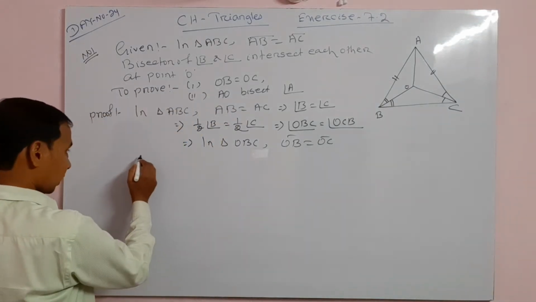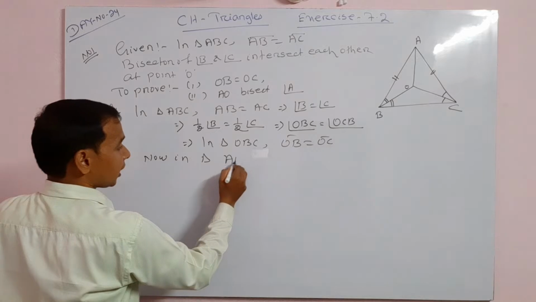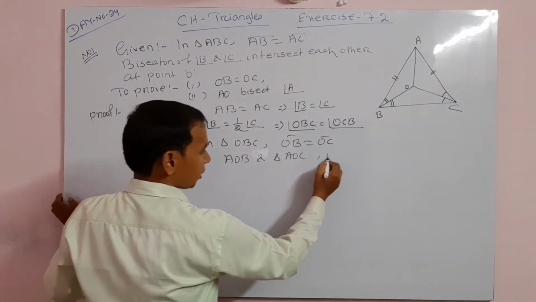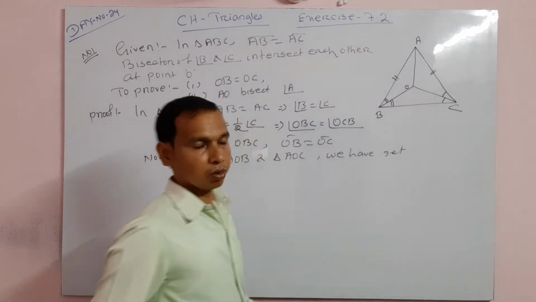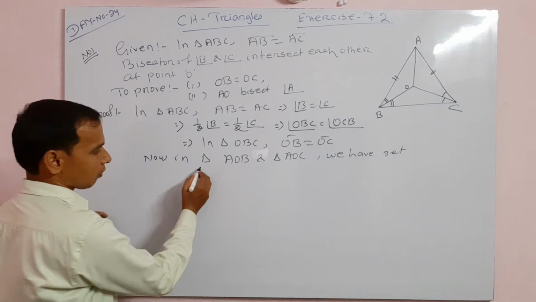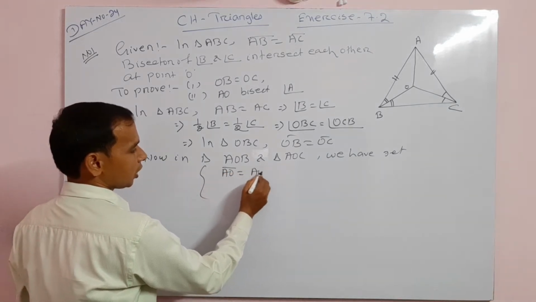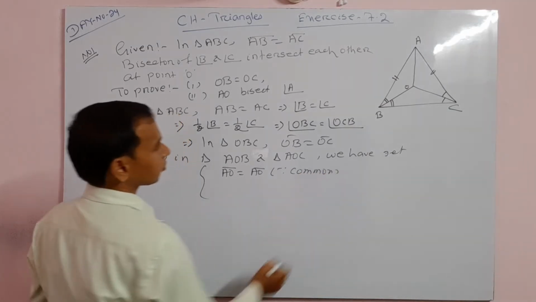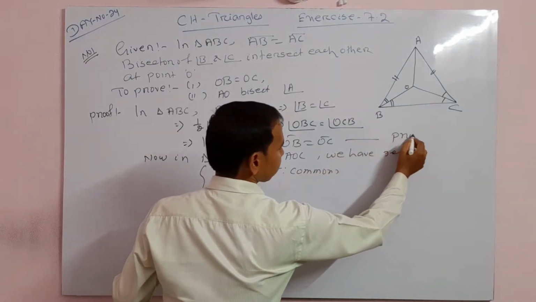Now in triangle AOB and triangle AOC we have that. First you write here AO is equal with AO because common.